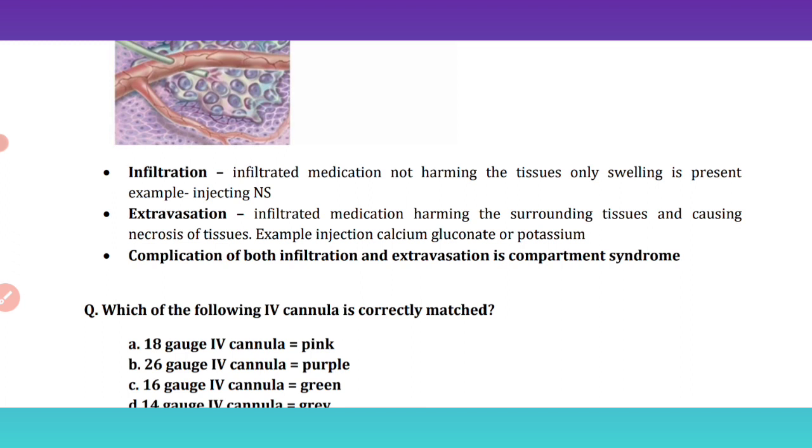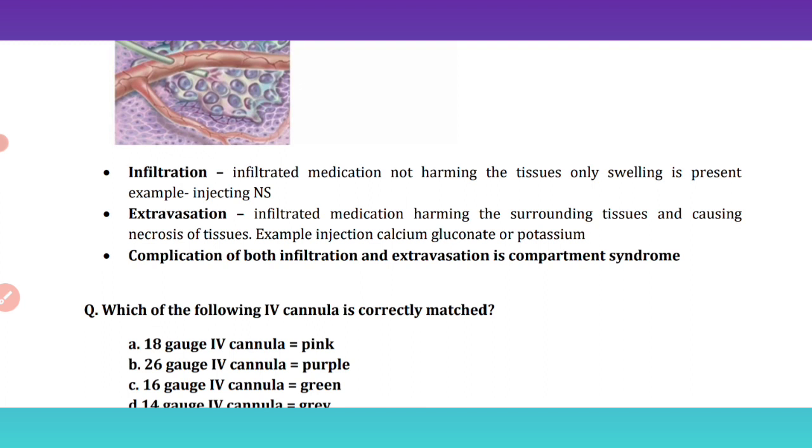The same mechanism happens in extravasation also, but if you are administering harmful fluids, for example potassium or calcium, it will cause tissue damage. Because of what? Extravasation, tissue damage. Because of the counter puncturing of the blood vessel, tissue damage will be there.